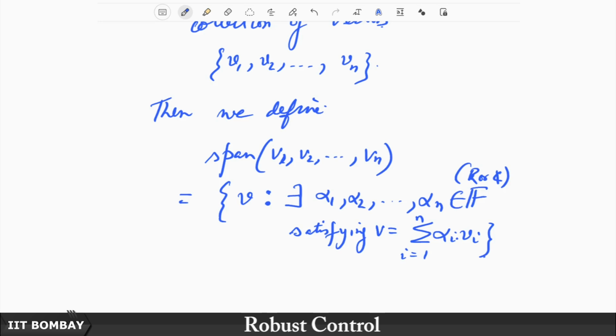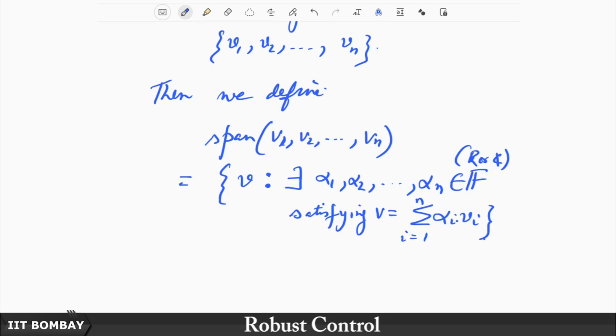Now, so therefore, what we say is that this is how we define the span. So, you give me a set of vectors, a countable collection of vectors, and I give you this set. I can always define a set like this, and once I have this set, it is this set that I call the span of those vectors.